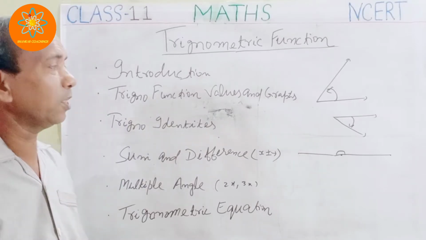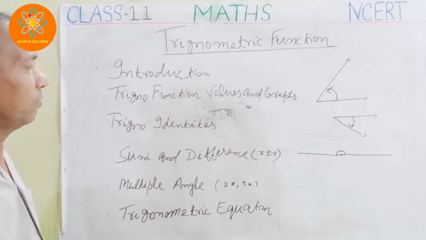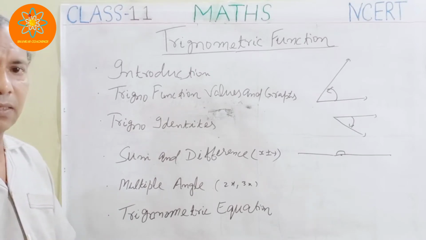So, what is the relation between them? There is another way of measuring an angle, that is the radian.